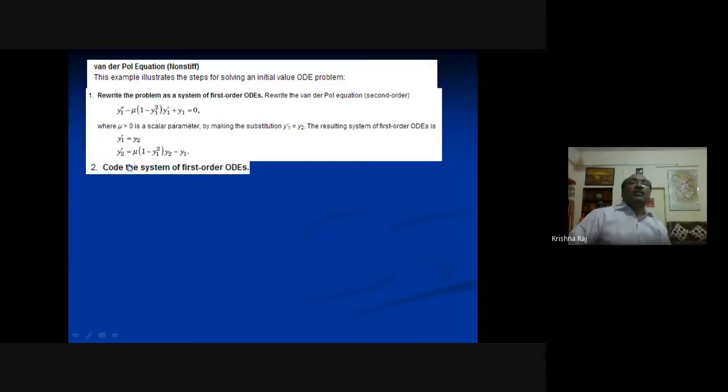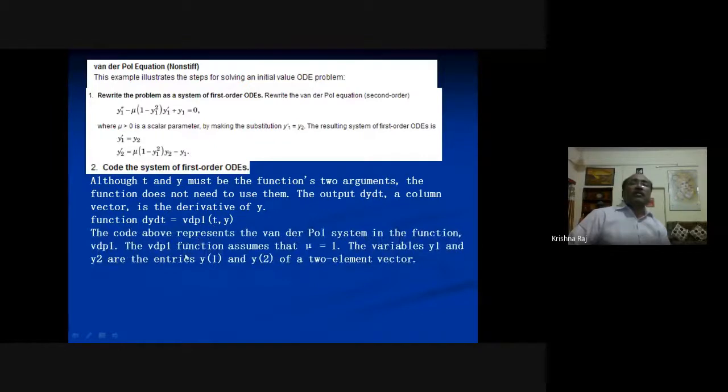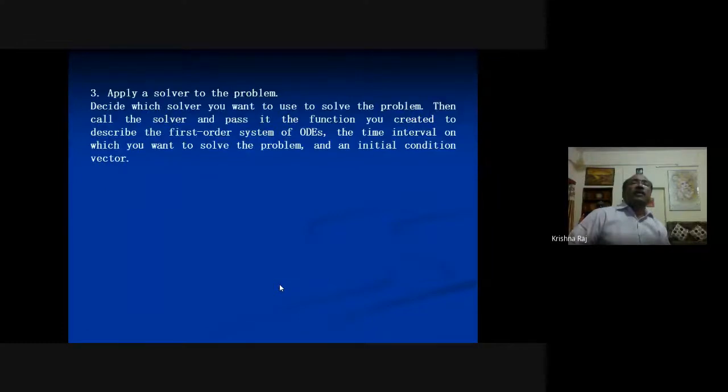Then we will develop the code for the system of first order differential equations, and the code will be something like this: dy dt. Here vdp is this van der Pol equation for t and y, and mu is 1. Similarly, we will write dy by dt for the values of y1 and y2, and then apply the solver.